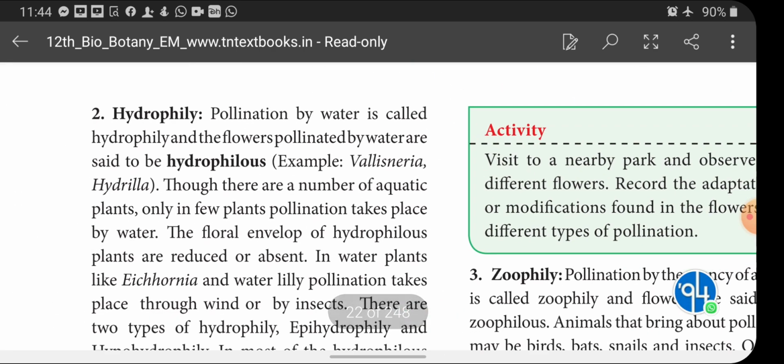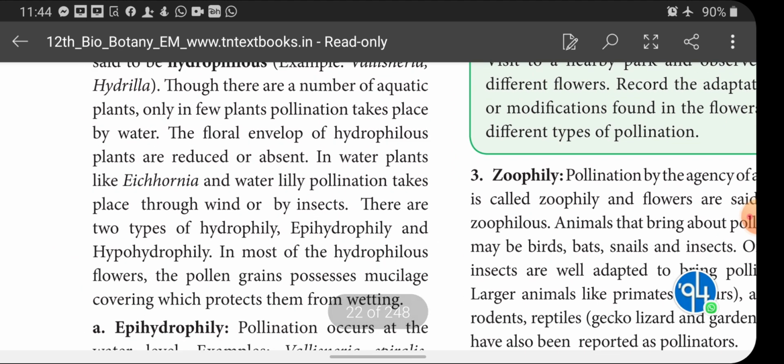Next one, hydrophily. So far we have discussed anemophily. Now we are going to discuss hydrophily. Hydrophily is pollination by water. Hydro means water, so hydrophily means pollination takes place by water, and the flowers pollinated by water are said to be hydrophilous flowers. Examples: Vallisneria and Hydrilla.